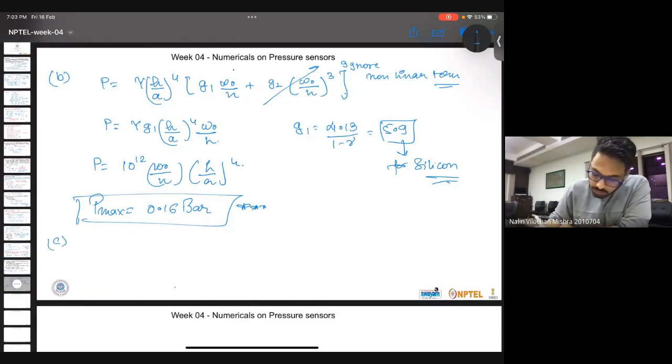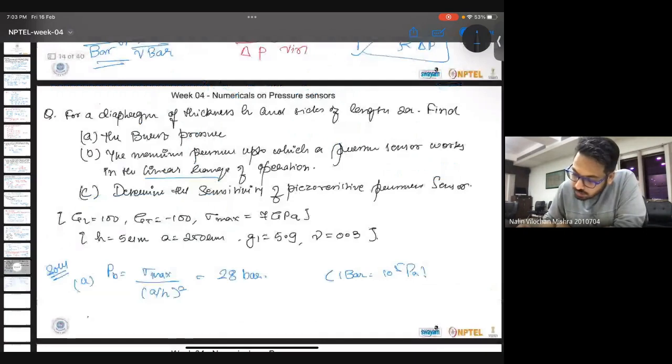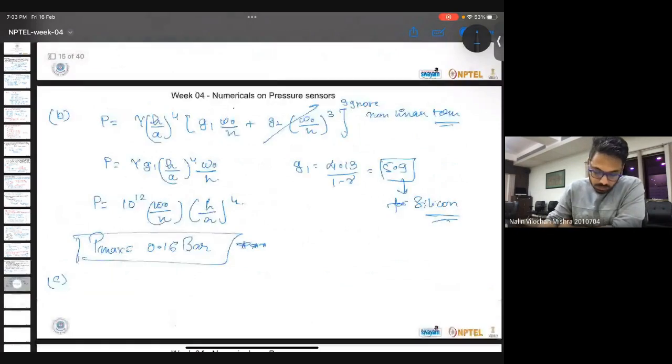The third part, it is asked to determine the sensitivity of piezoresistive pressure sensor. So sensitivity is basically change in R by R divided by change in P. So change in R by R can be written as GL 1 minus mu sigma, right?